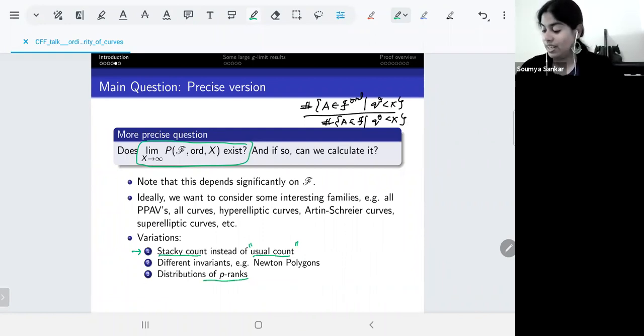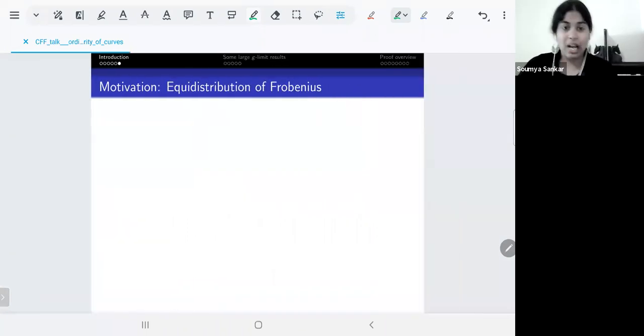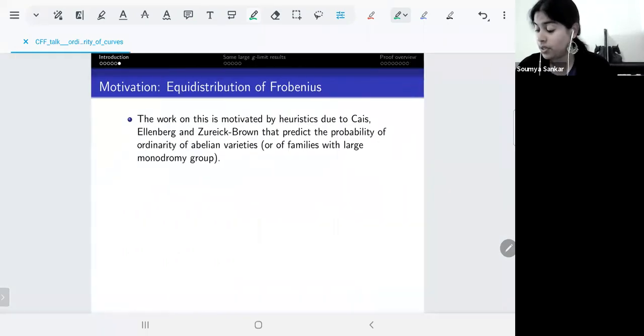Okay, so where did this come from, right? What was this work motivated by? This has to do with equidistribution of Frobenius, which is also something that Alina mentioned in her talk. There are these heuristics due to Cohen-Lenstra and Achter-Brown that predict the probability that an abelian variety is ordinary. What they do is they basically ask, what is a random abelian variety?